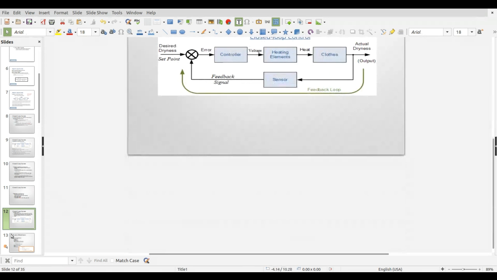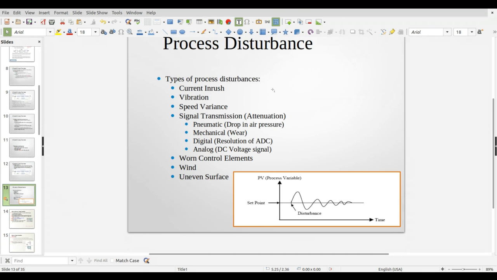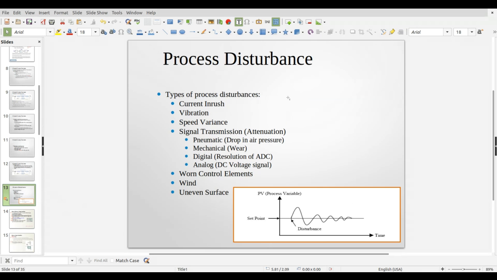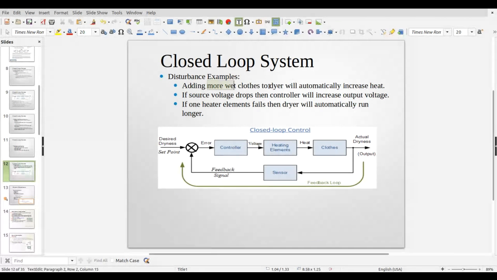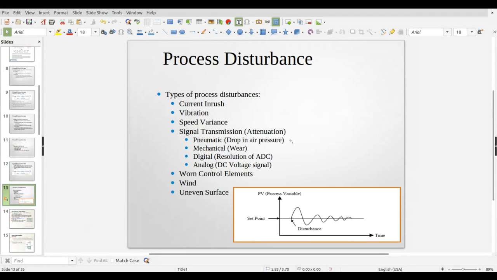All right, I already talked about adding more clothes to the dryer as a disturbance. I used the example where we threw more wet clothes into the dryer, but this slide is talking about some general places where disturbances could come from. Number one, you get a current inrush when you first turn on any electrical equipment.